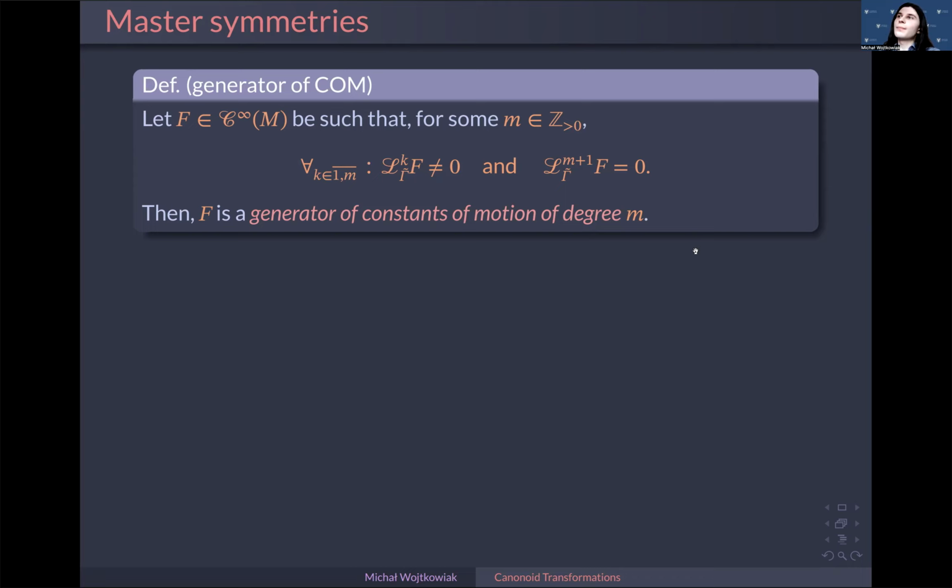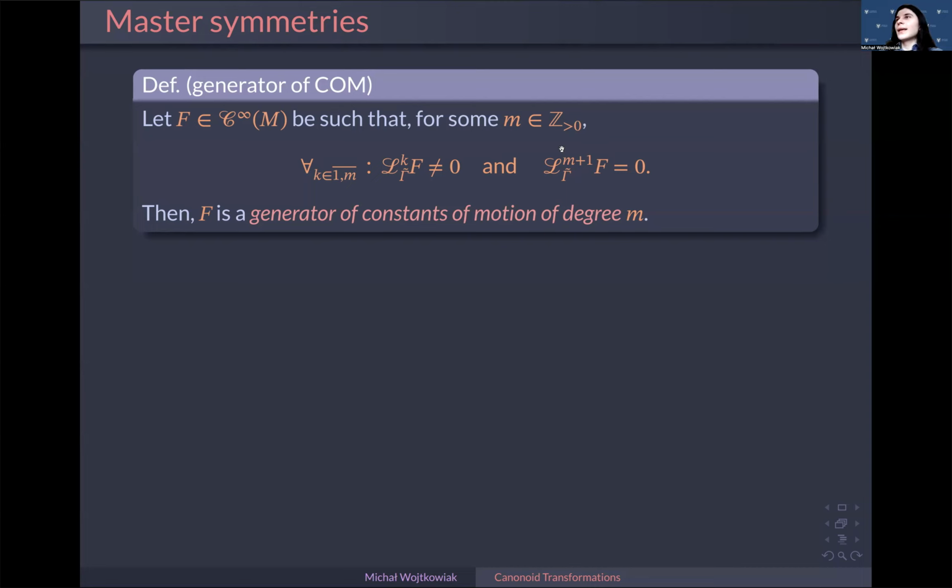But the (m+1)th order Lie derivative along the dynamical vector field is 0. So in other words, the mth derivative of f is a constant of motion.